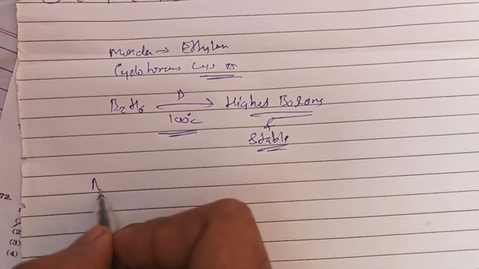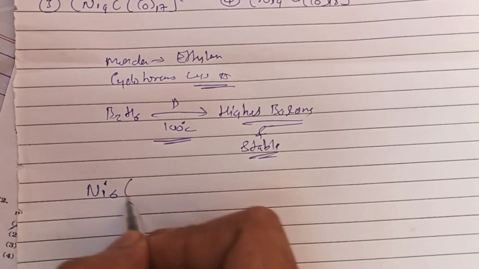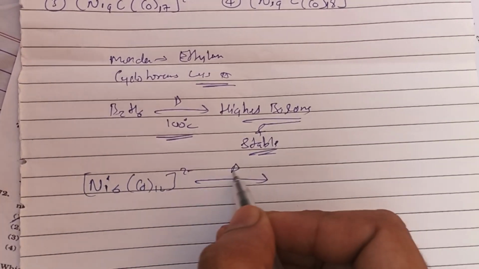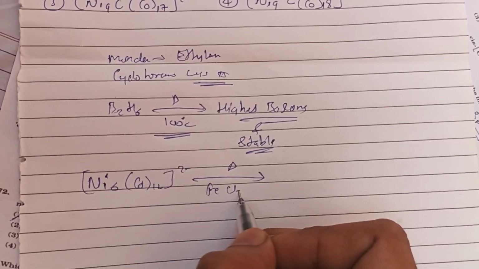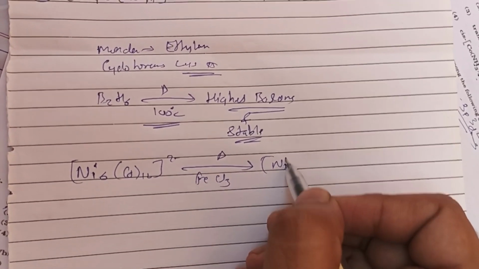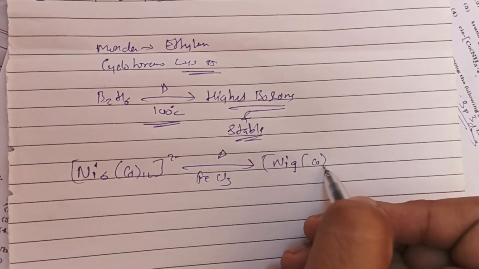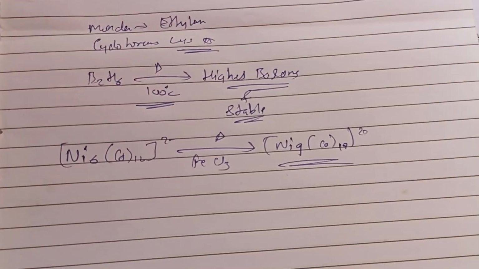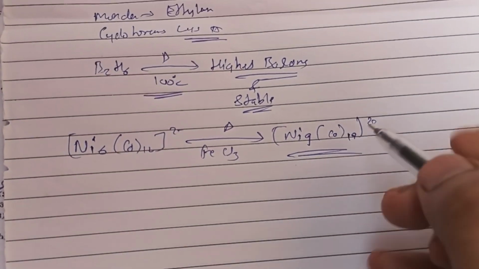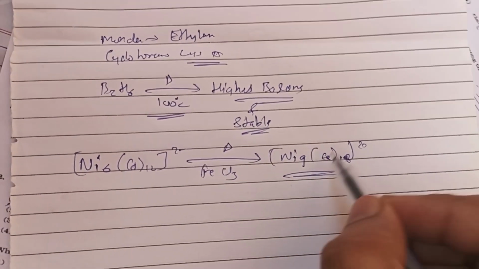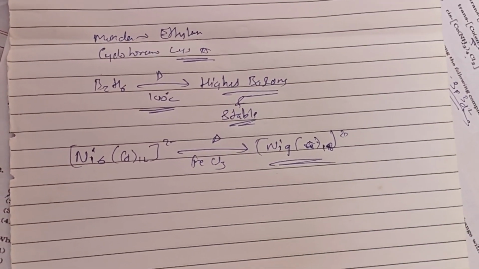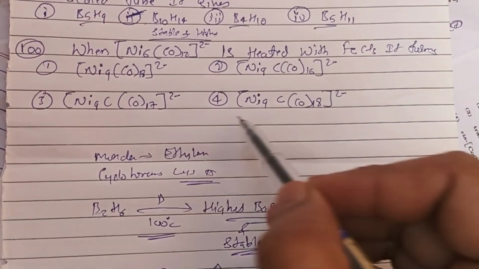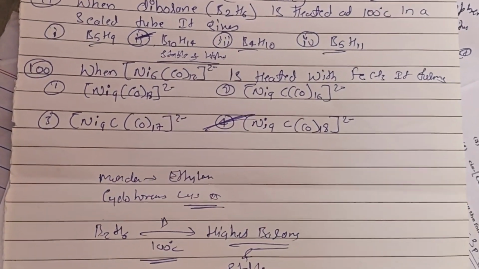When Ni6(CO)12 2- is heated in the presence of FeCl3, Ni9(CO)18 2- is formed. Why CO18? Because it forms by cluster growth and is the most stable complex, through redox condensation and cluster growth. So the option with 18, the fourth, is the right answer.